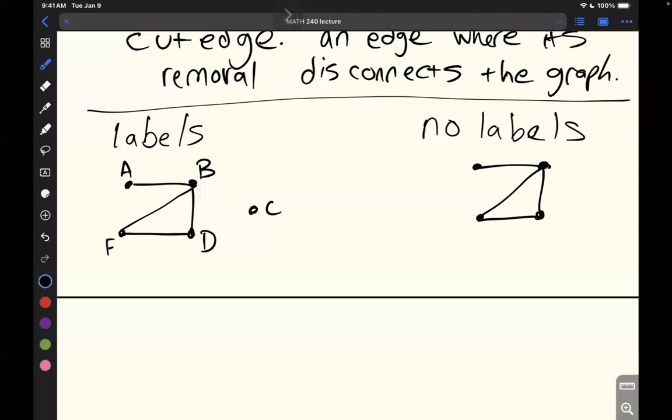Yeah, so it kind of depends. How many ways can we assign labels to a graph with n vertices? N ways? I disagree. Also not n squared. How many ways can you assign labels to a graph of n vertices?